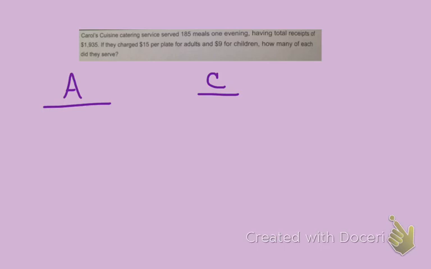Let's do adults. If you picked adults to be x, then the children are going to be 185 minus x, because 185 is the total.